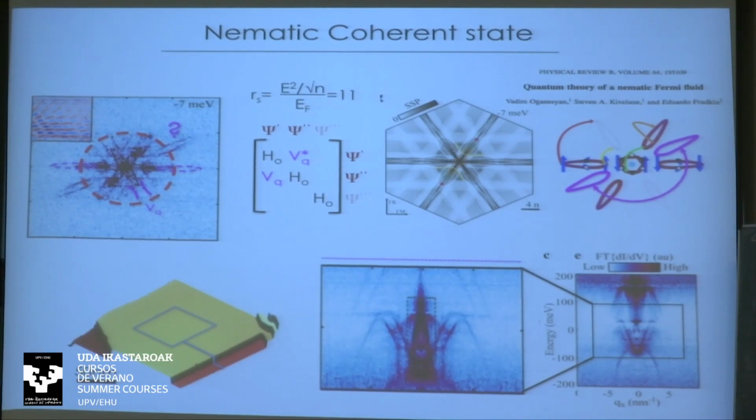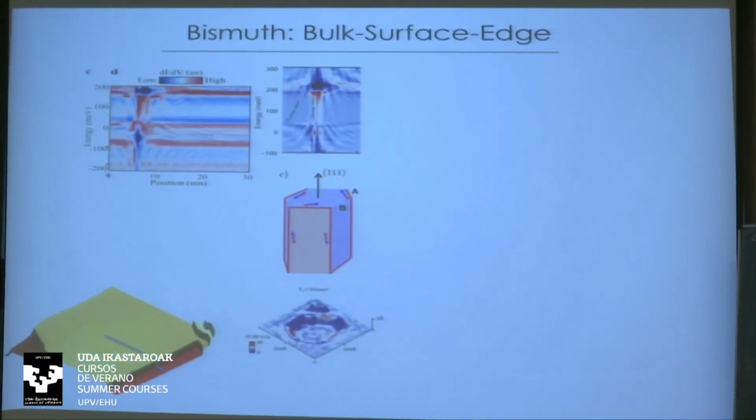So the surface of bismuth at least seems to tilt towards the interaction-dominant side, which is consistent with the observation that we have. So it's indeed an interesting material.